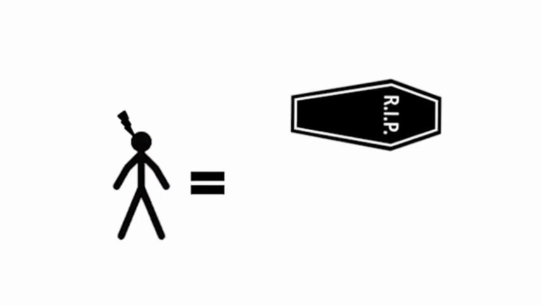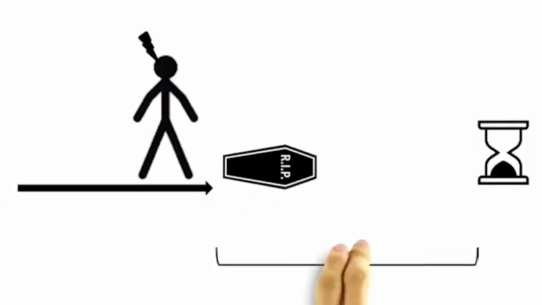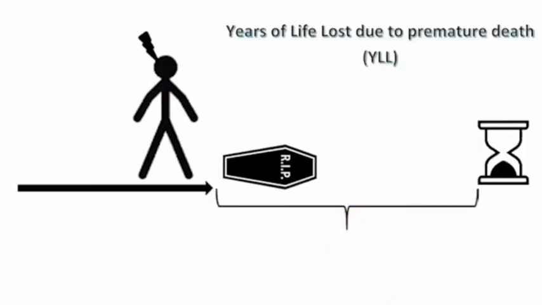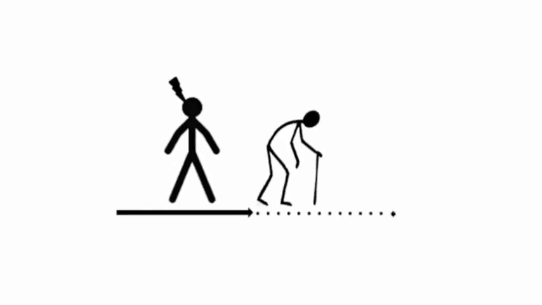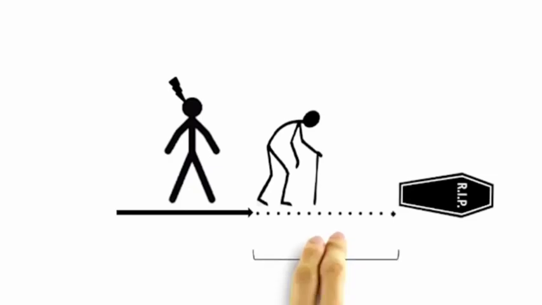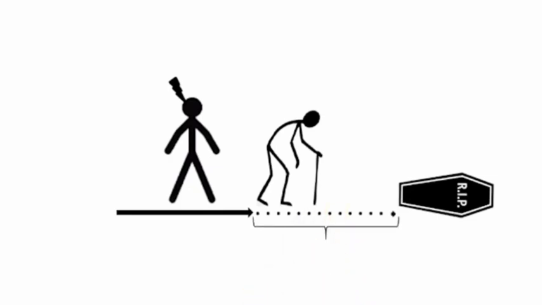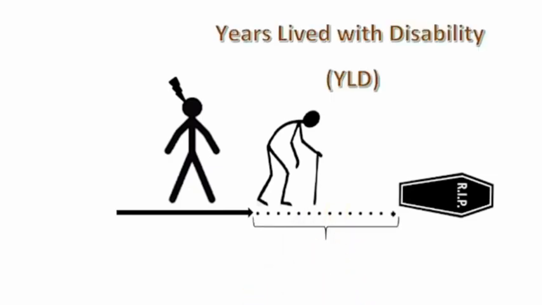When a health problem occurs, two outcomes are expected: either premature death or living with the consequences or disability. When people die prematurely, they lose some years of their life they were expected to live. These years are years of life lost due to premature death, YLL. When people live with the consequences of a health problem, they lose some of their healthy years of life they were expected to live. These years are years lived with disability, YLD.